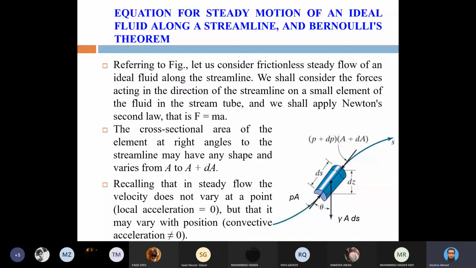Do you know what Bernoulli's theorem is? Probably you have studied it in your FSC and 10th matric class level.